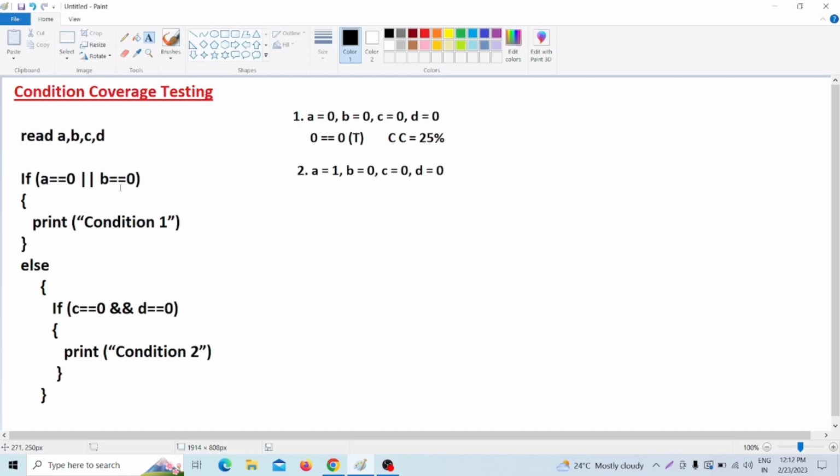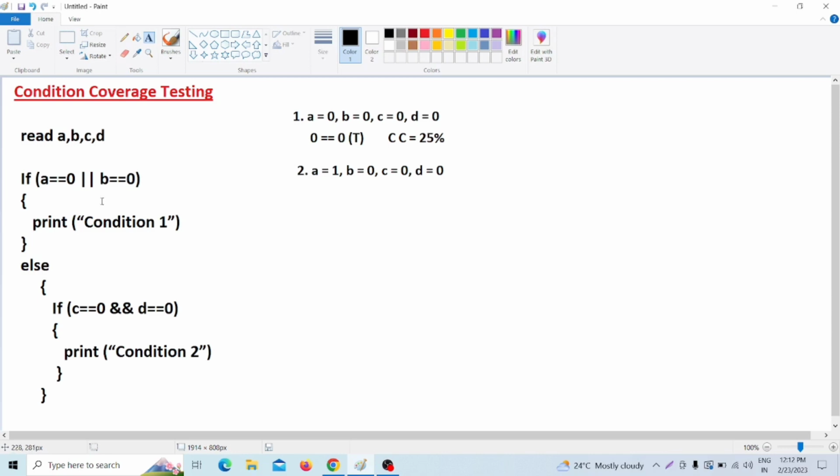Now I am putting the value here. A equals 1, so 1 equals 0? No, that means it's false.